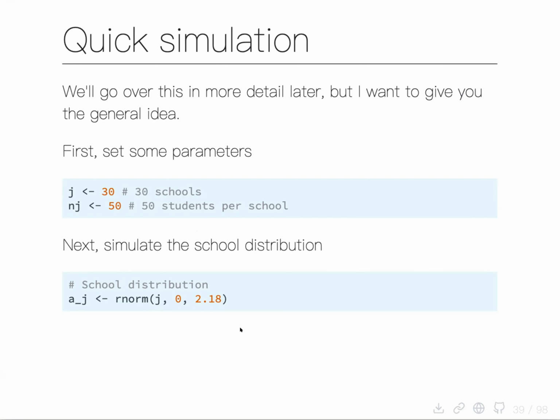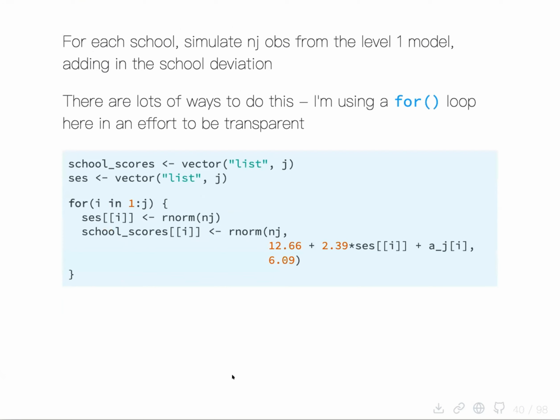And so for my school distribution, I'm just going to simulate them around 0. So I'm saying give me J draws from a random normal distribution with a mean of 0 and a standard deviation of 2.18, because that's what I estimated before. And I'm storing this in an object that I'm calling a_j, alpha j.